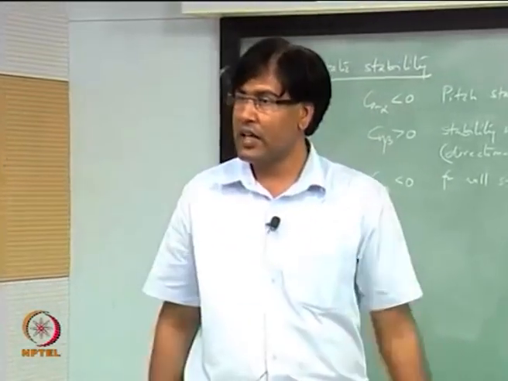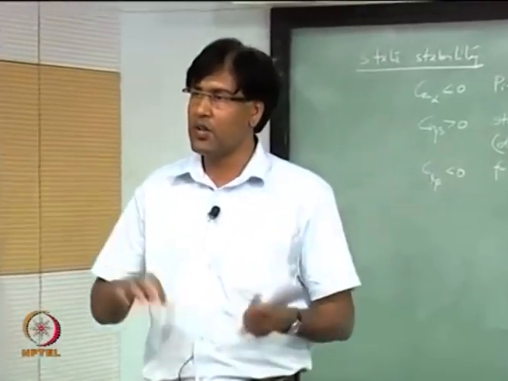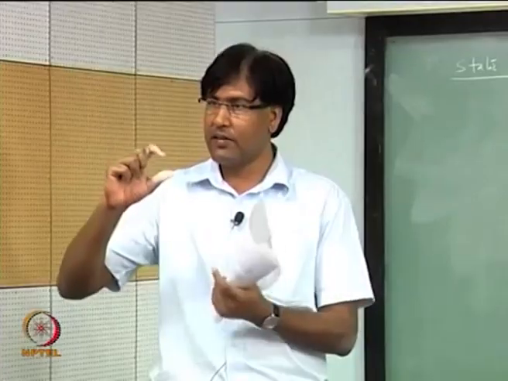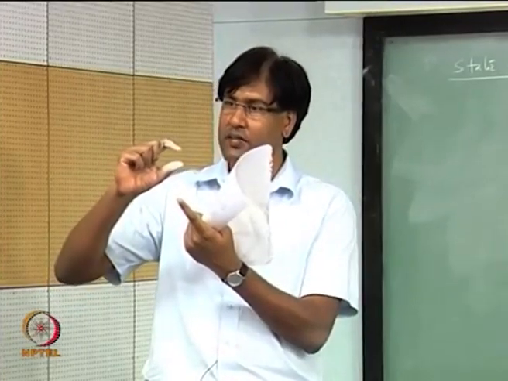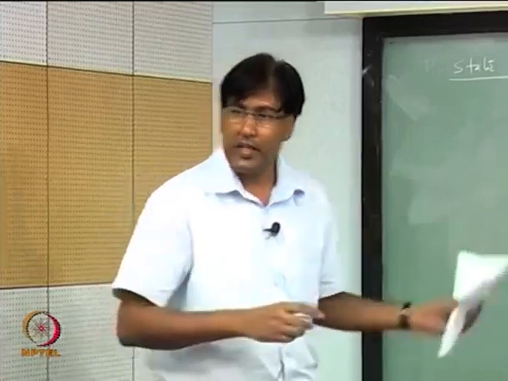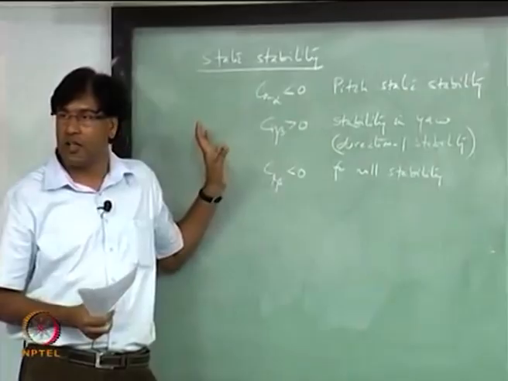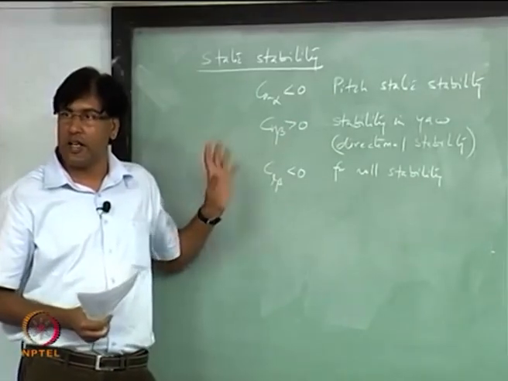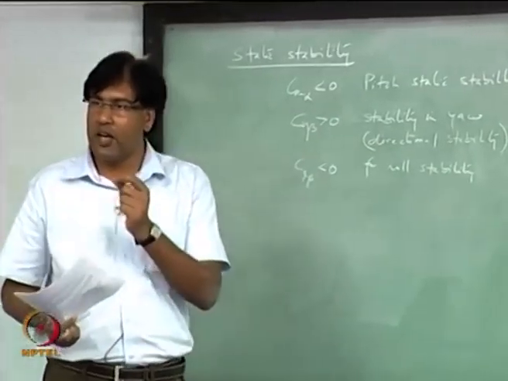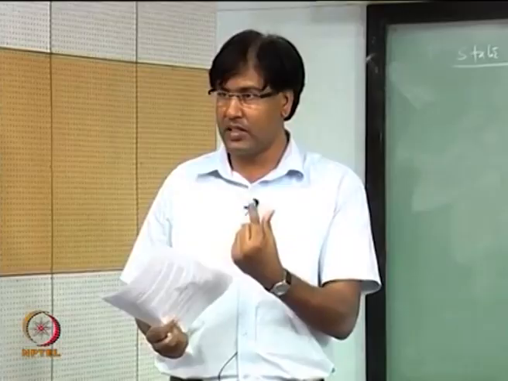So it can disturb all the variables, and we want to see if those disturbed quantities are decaying in time or not, right. Static stability does not actually ensure that, right. So static stability only tells you that the aircraft has a tendency to kill that disturbance, right.